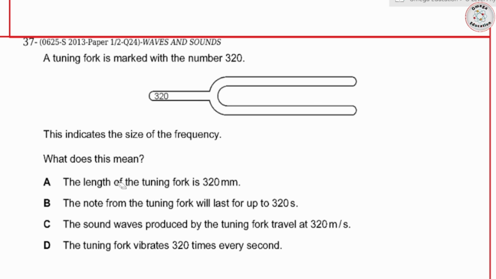So the length of the tuning fork is 320 millimeter. Frequency has nothing to do with the length. The note from the tuning fork will last up to 320 seconds. Not really. The sound waves produced by the tuning fork travel at 320 meter per second.